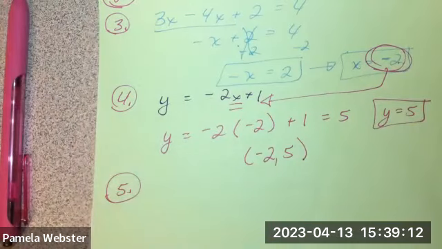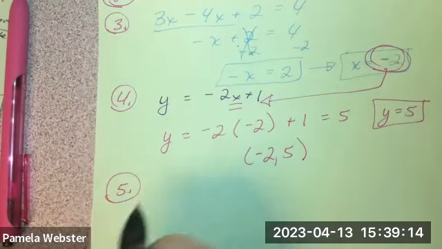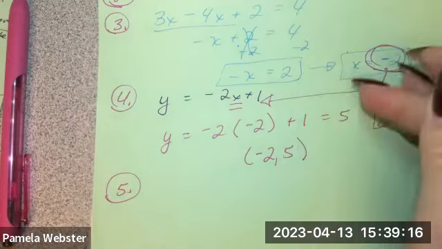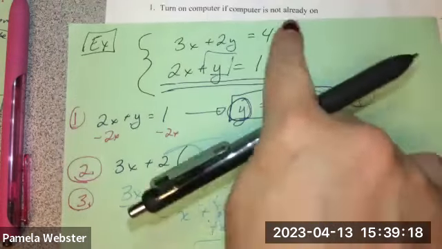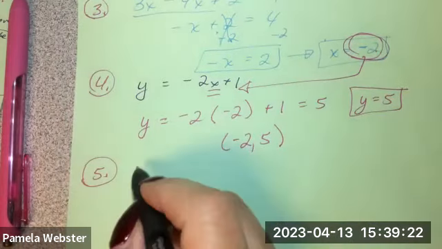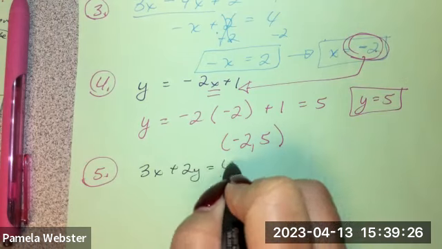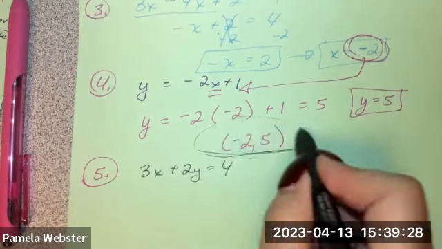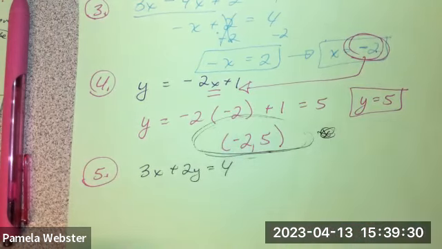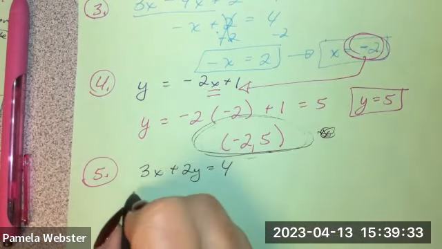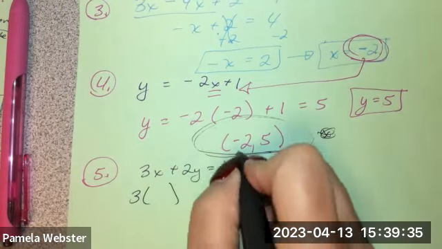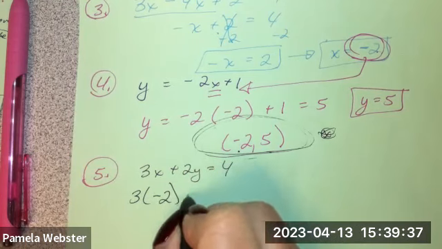Let's get my 2 equations down here. The first equation, go back to the original. Don't come in here. Go back to the very original that was the problem that you were given. So the equation I was given was 3x plus 2y equals 4. And I'm going to use this point. That's my solution, I think. We're going to check it. So instead of x, I'm going to put in a negative 2.